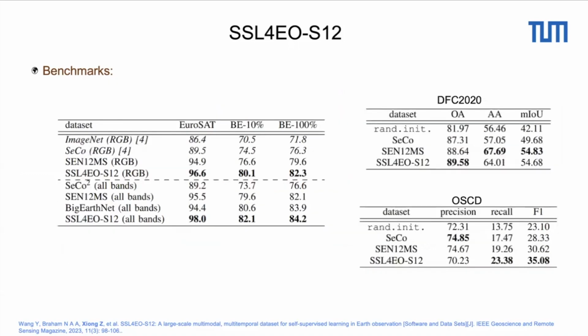From the table on the left side, we can see that when we use all the multispectral bands for pre-training the model, it works much better than when we only use RGB images. This makes sense because in all the bands the information is much richer than in the optical images alone. We can also see that on DFC2020 and OSCD, these pixel-level tasks, self-supervised pre-training is also quite useful. The performance is much better than random initialization.